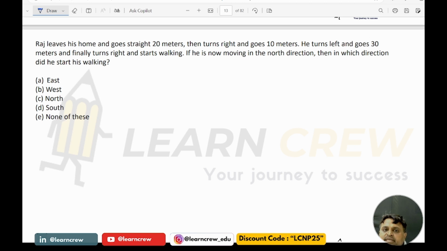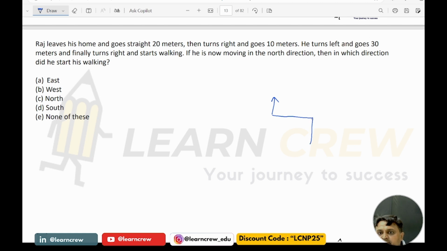Finally he is moving in the north direction. He reached this by turning right.